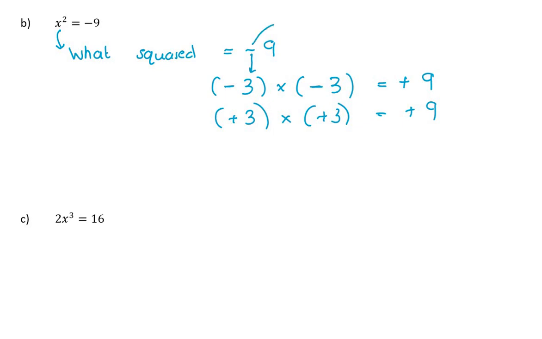It's just not possible, simply because you have to multiply something by itself. So you have to have the same signs in both the numbers. So you're always going to land up with a positive. So there is no solution for x. There's no value for x that makes this work. So we say no value for x, or we say no solution for x.